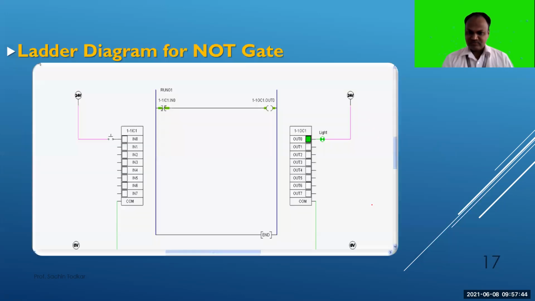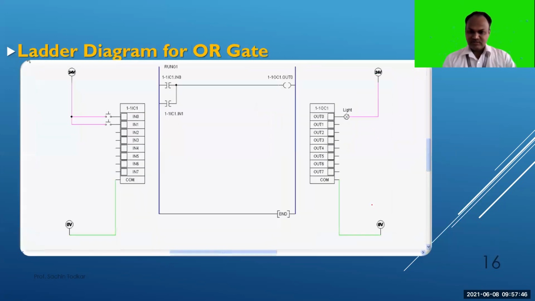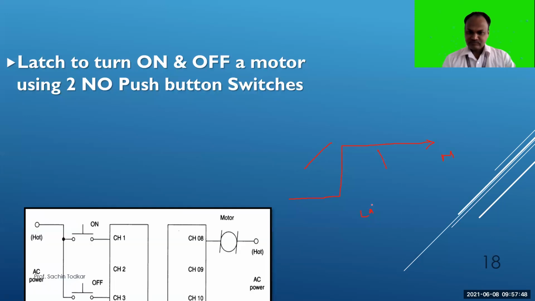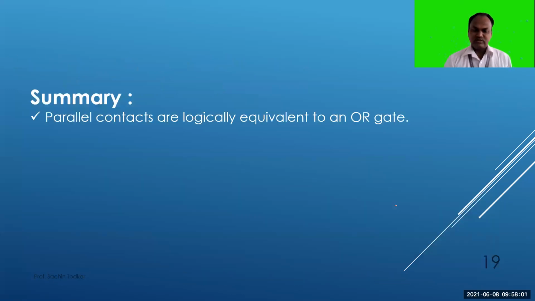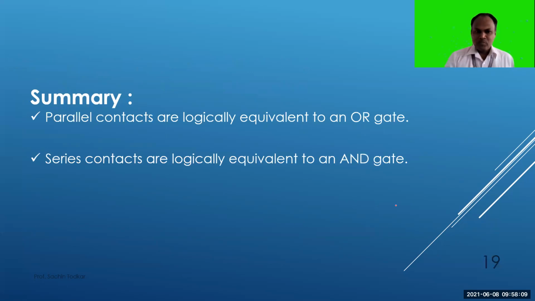This latching concept is very important because latching will be helpful in your problem solving. So we are going to see two problems. First we'll see a summary of what we have studied, and then we will see some problems. So parallel contacts are logically equivalent to an OR gate.